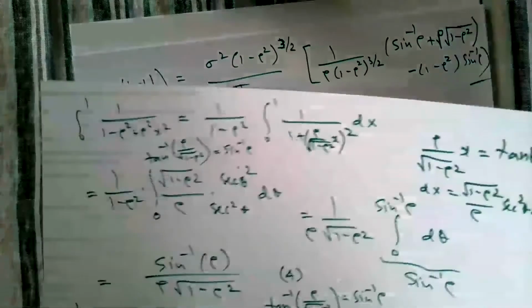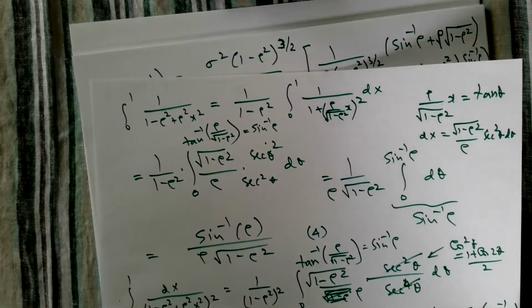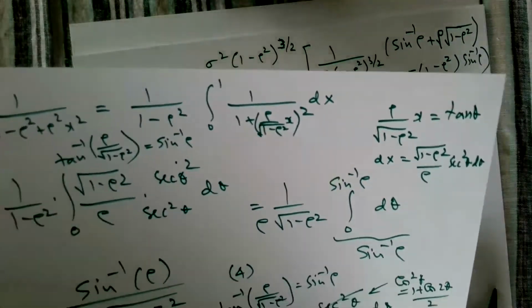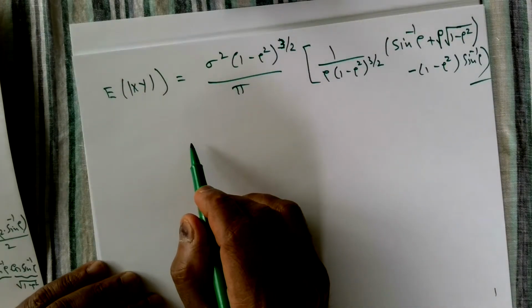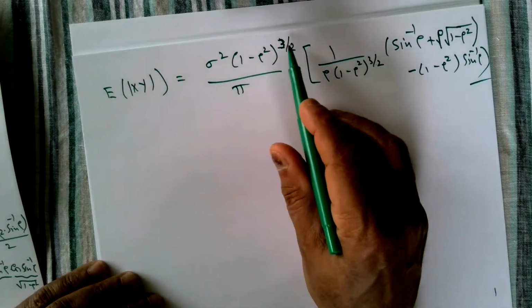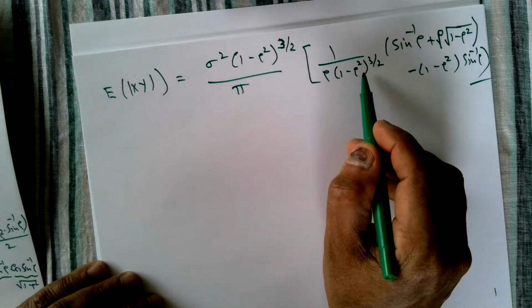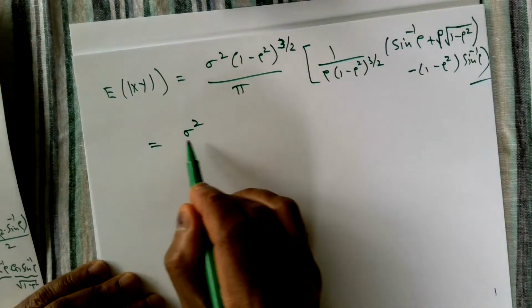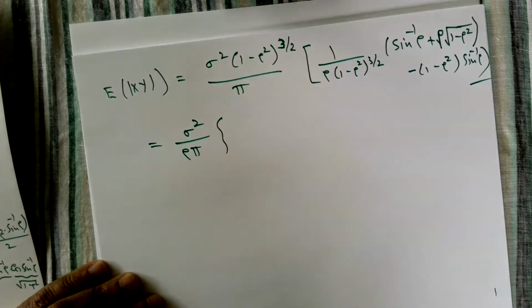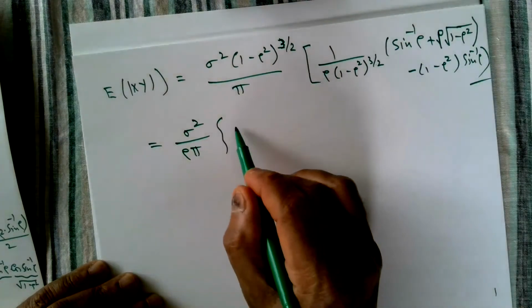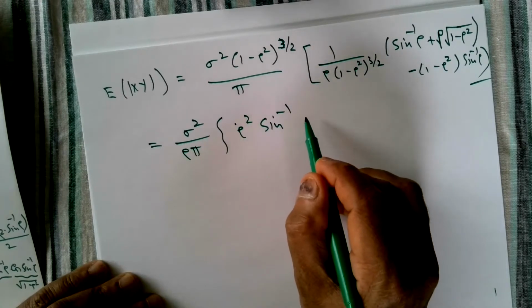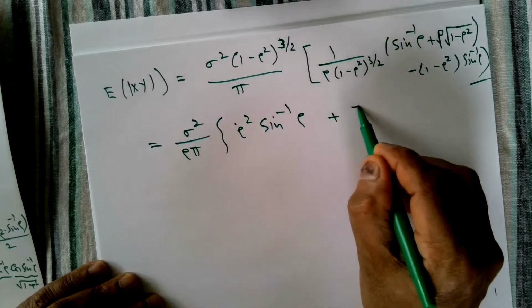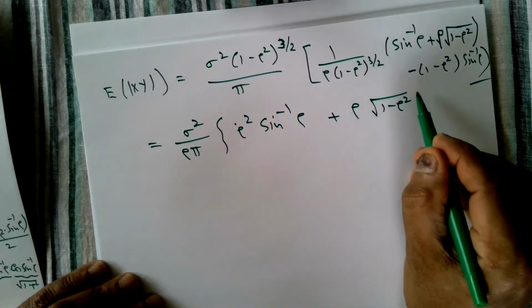Let me just make sure. So this is going to be, and here this cancels out. So you get sigma squared over rho pi, minus minus plus, rho squared sine inverse rho plus rho square root of 1 minus rho squared.